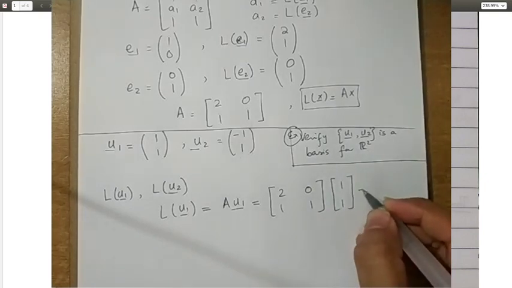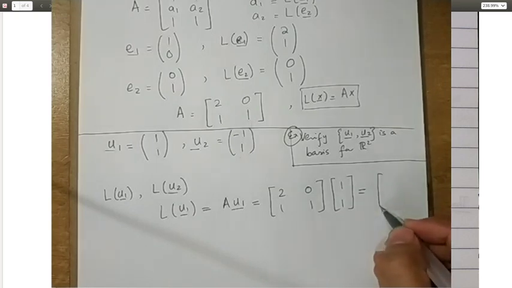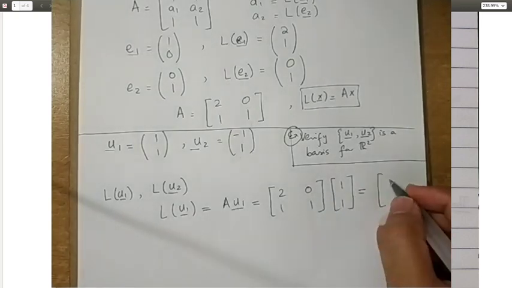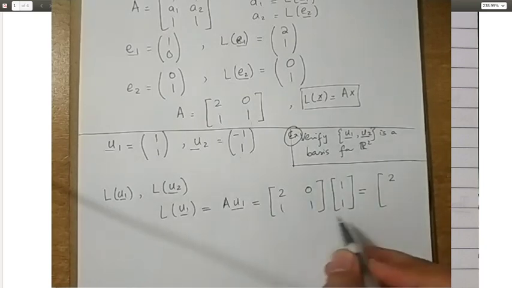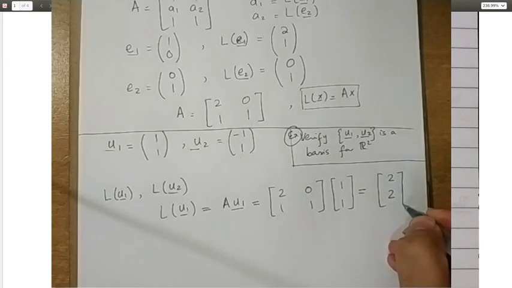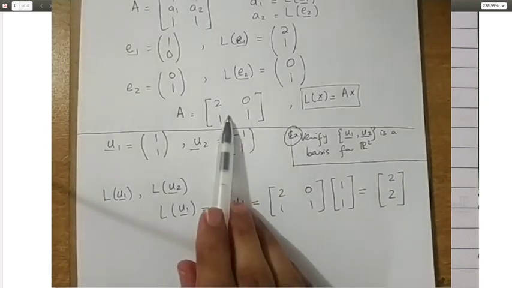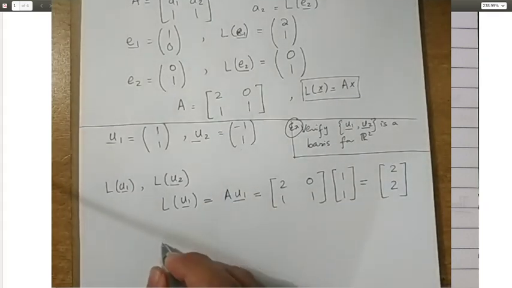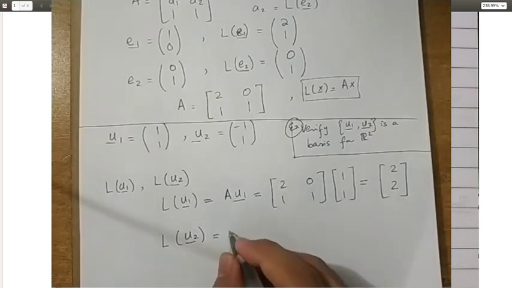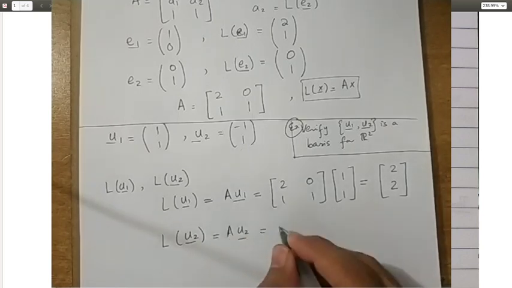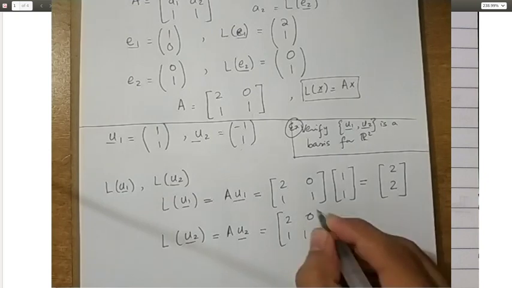which is simply multiplying the matrix (2, 0; 1, 1) by the vector (1, 1). And the result is, you can simply multiply and find out, 2 times 1 plus 0 is just 2, and 1 times 1 plus 1 times 1 is 2. So this is what happens to U1 under the original matrix A. And secondly, you have LU2, which is equal to AU2, the same matrix multiplied by the vector (-1, 1).